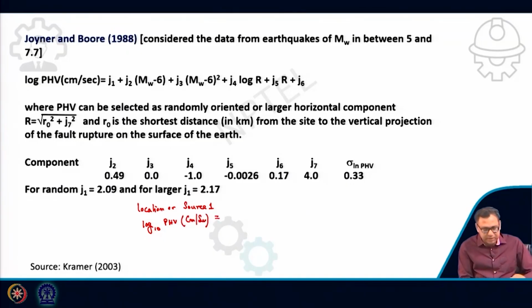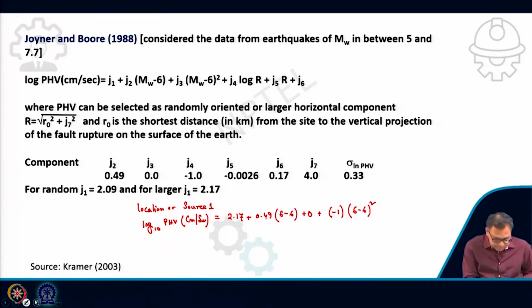So J1, if I take the larger one, J1 will be the larger one, 2.17, plus J2 is 0.59 times 0.49, then MW is 6 minus 6, since MW is 6 for source 1, plus J3 is 0, plus J4, it is minus 1, and MW is 6 minus 6 whole square, that is also 0.